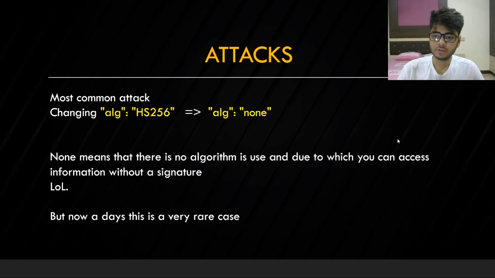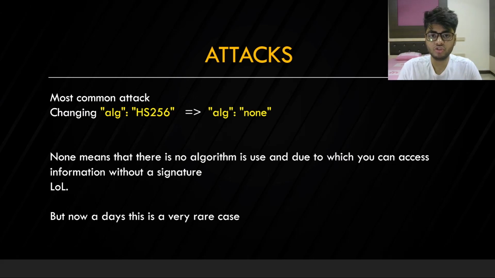The most common attack on JWT is to use the none algorithm. None means nothing, so it says there is no algorithm to be used. And if there is no algorithm, you don't even need to put a signature.